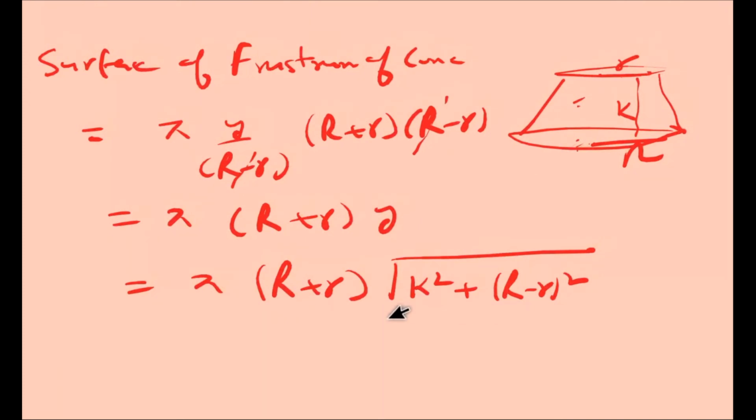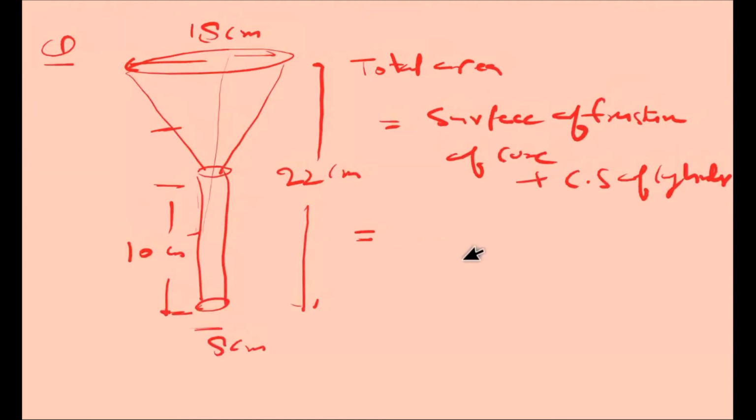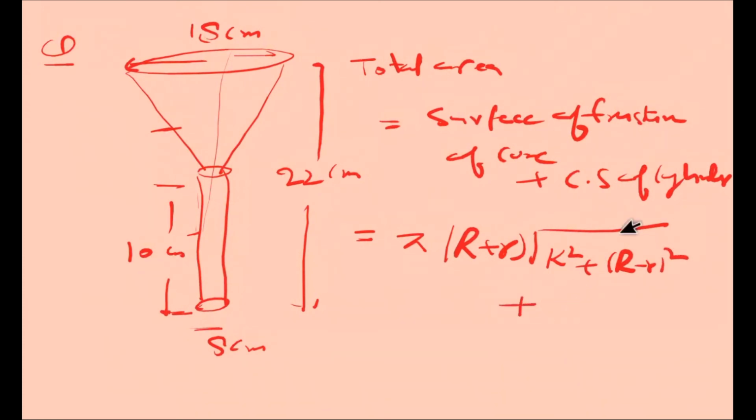This is the surface area we have to note. Now plus the curved surface of the cylinder, that is 2 pi r h.